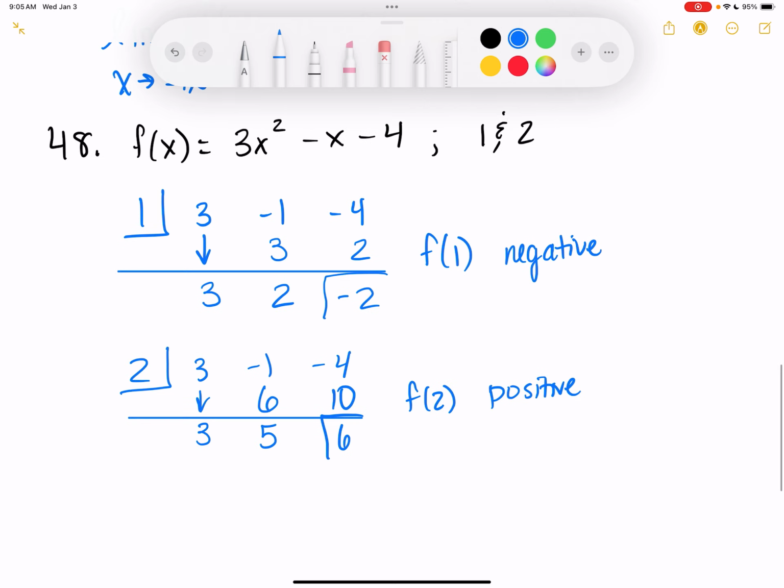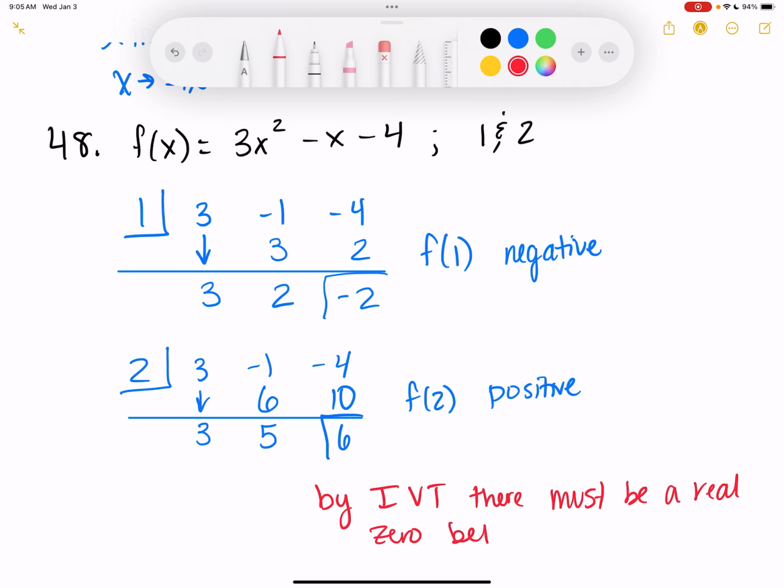So according to the intermediate value theorem, and I write IVT for intermediate value theorem just so I don't have to write out the whole thing, there must be a real 0 between 1 and 2.